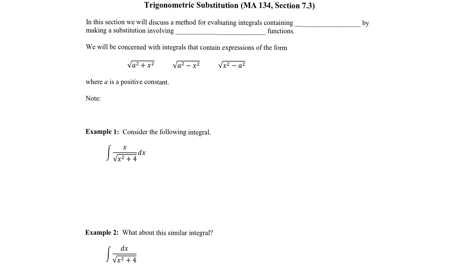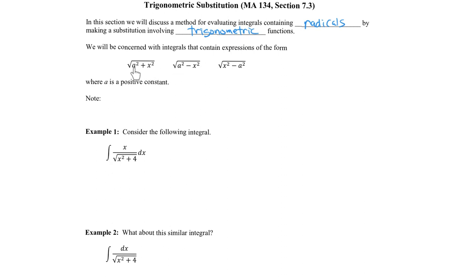Okay, so in this section we're going to discuss a method for evaluating integrals containing radicals by making a substitution involving trigonometric functions. Okay, and we're going to be working with integrals that contain expressions that look like these.